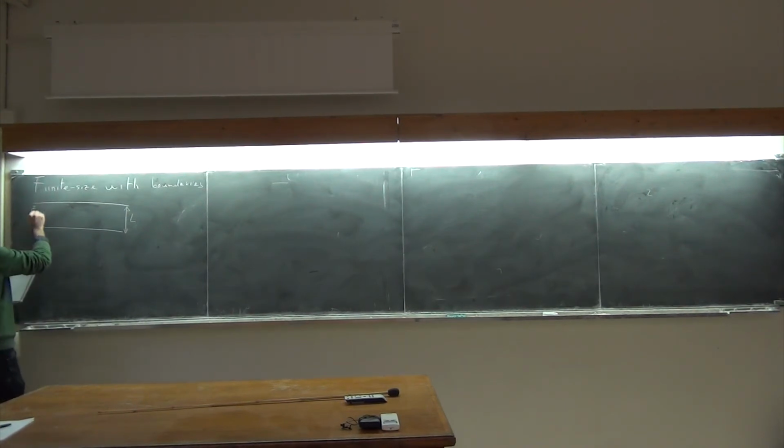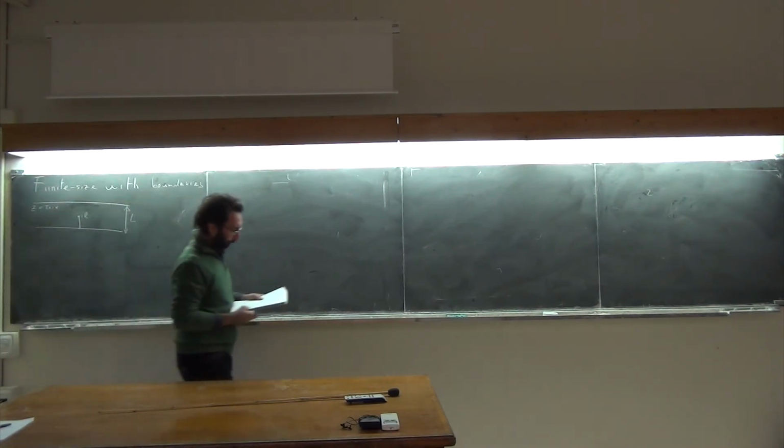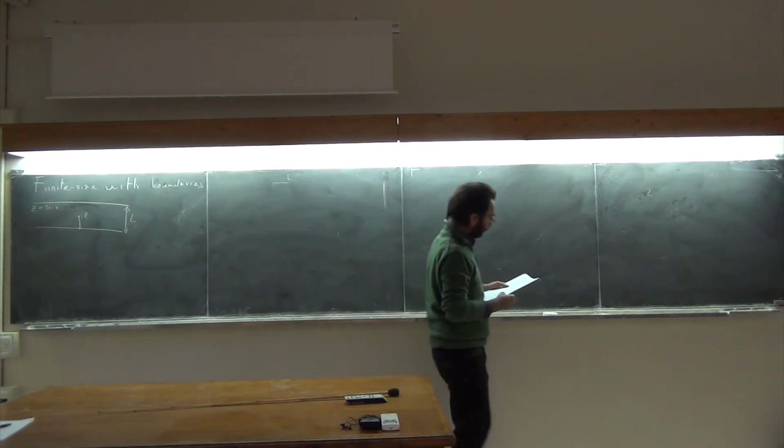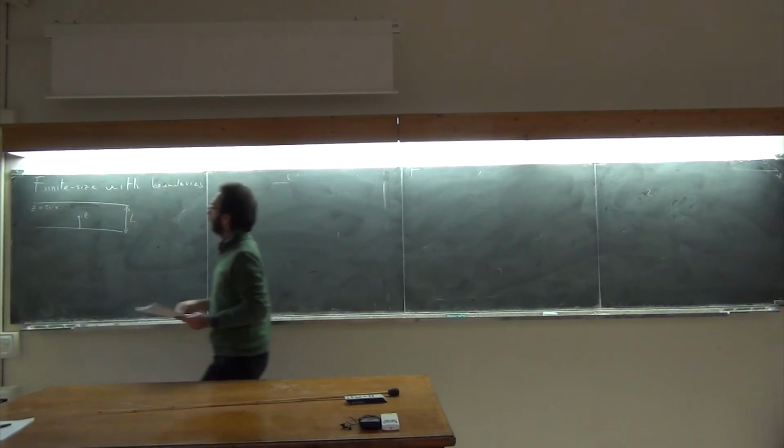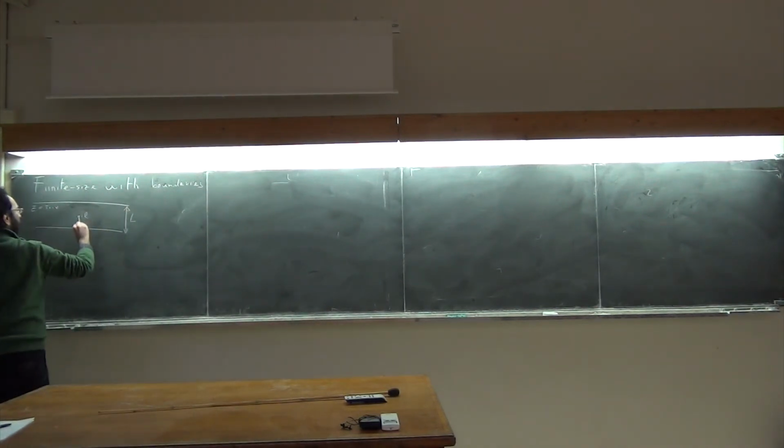This is the Z plane, equal to tau plus i x. I consider a small interval starting from one of the boundaries, of length small L. And I want to know the entanglement entropy of this object with the rest of the system.